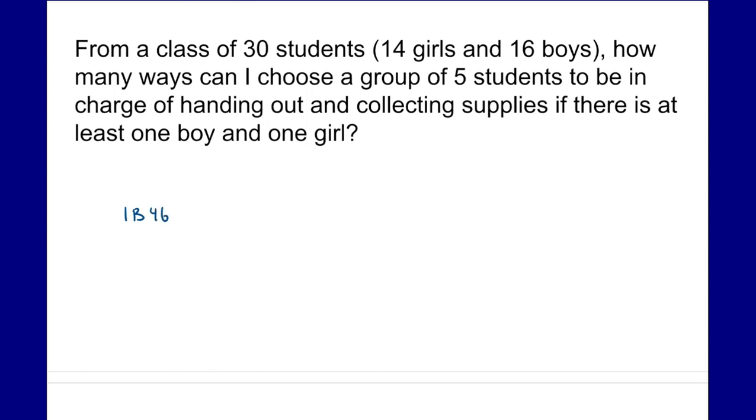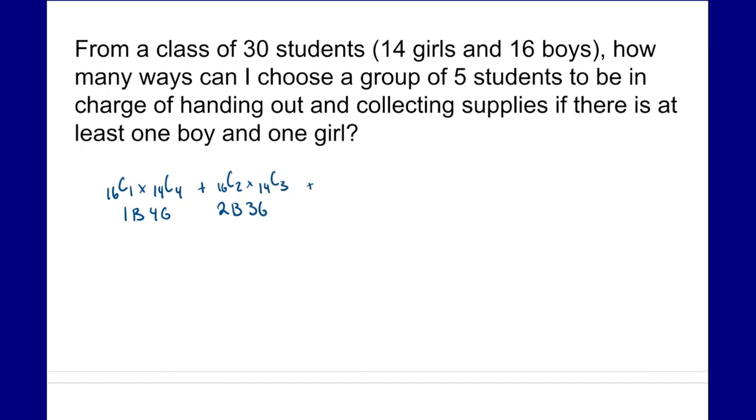This would be 16 choose 1 times 14 choose 4. And I'm going to add it to the next case, which is 2 boys and 3 girls: 16 choose 2 times 14 choose 3.